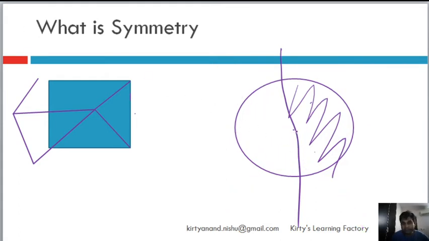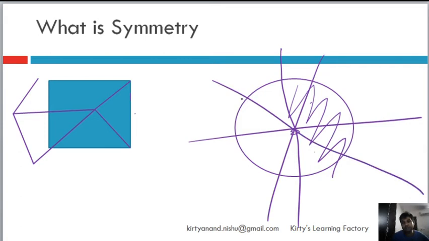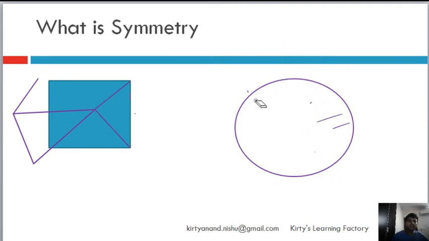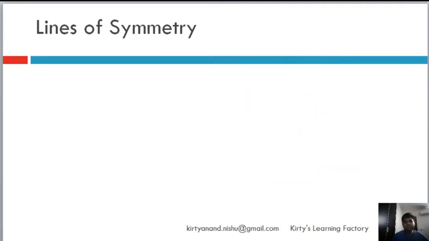And how many diameters can you draw in a circle? Endless. It has to just cross through the center, and any line which crosses through the center is a diameter, right? So across all the diameters the circle is symmetric because this half will be equal to this half. So that is the meaning of symmetry, that it should be equal. If we draw a line, then it should be equal.